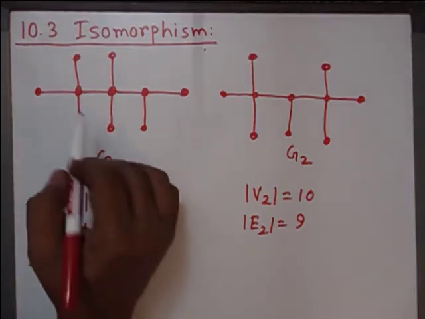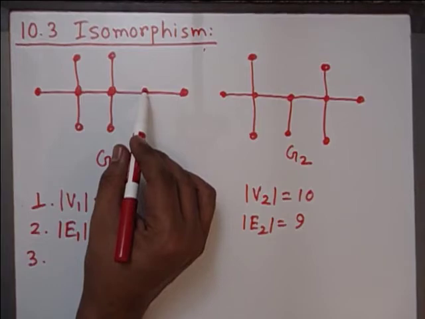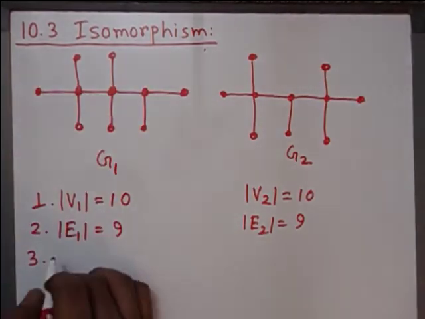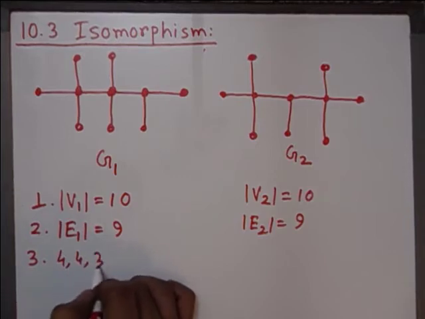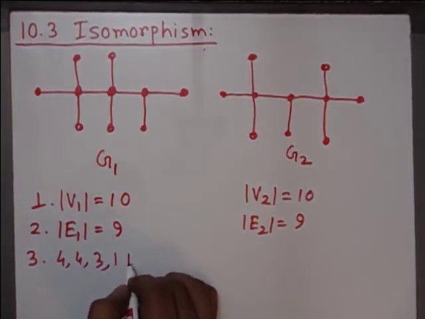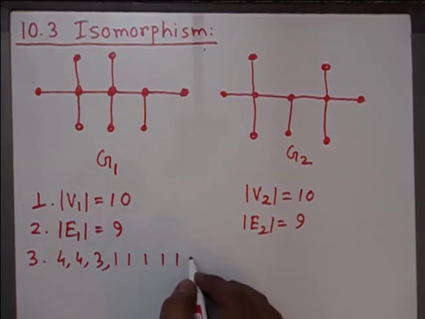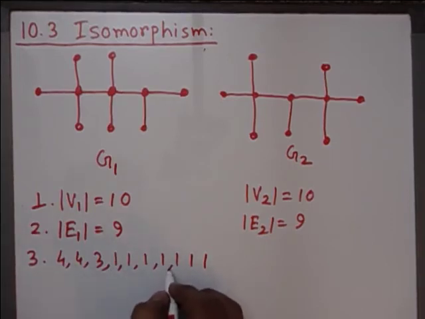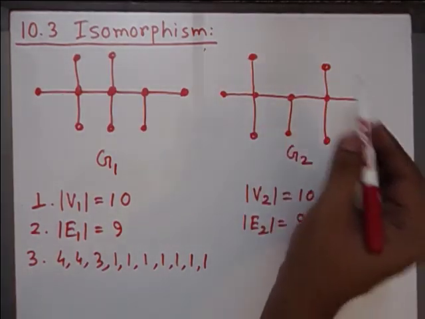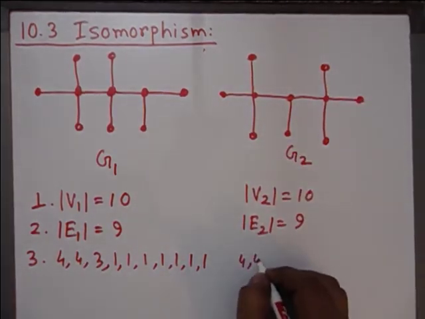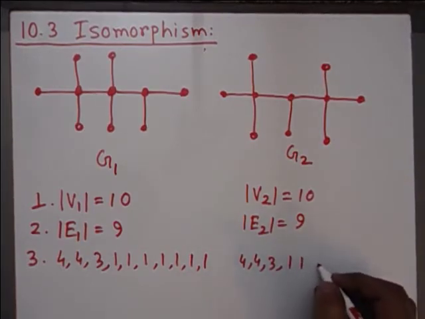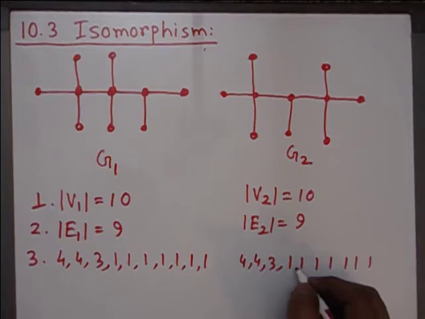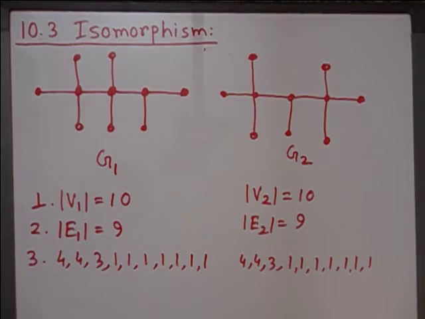Degree sequence: 4, 4, 3, and all of the rest are 1. So 4, 4, 3, then 1, 1, 1, 1, 1. Here also 4, 4, 3, rest are 1. So it seems like the same. Last is subgraph.